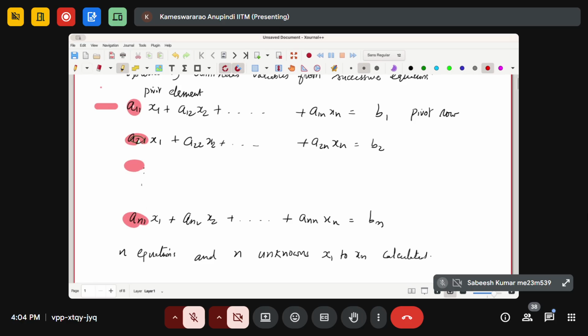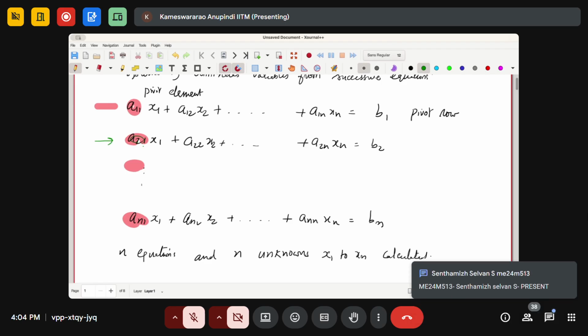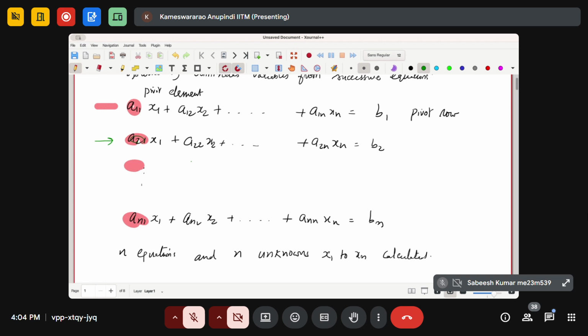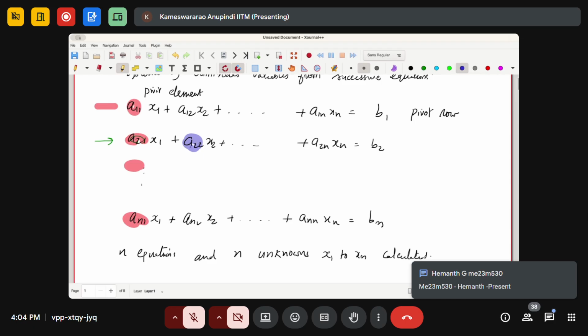Okay, and then when you try to do row operations, you are essentially modifying this entire row, in which this value becomes 0, and all other values will become something else. And then you're going to make the second row the pivot row, take this element as the pivot element, and make all the elements below that to be 0.